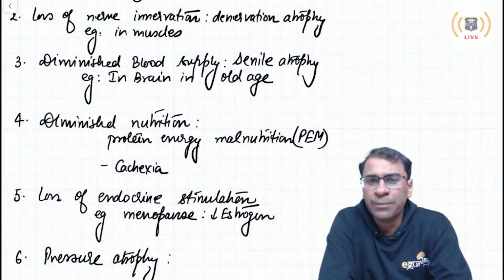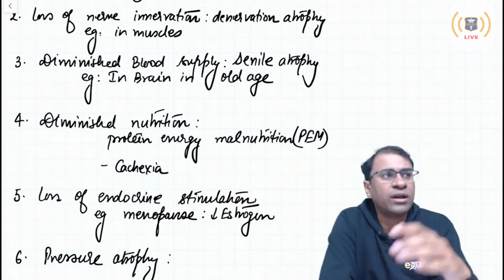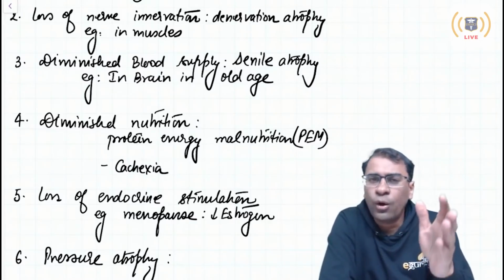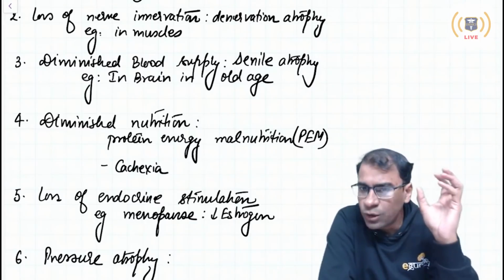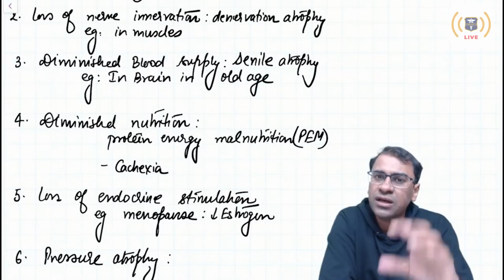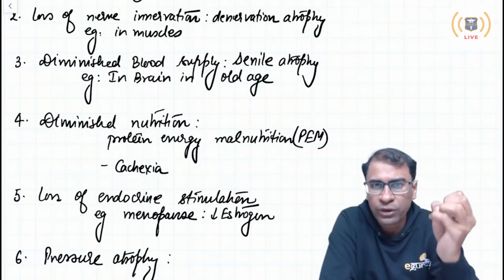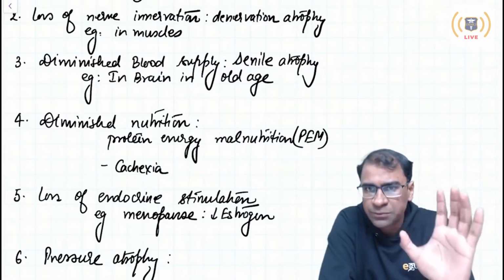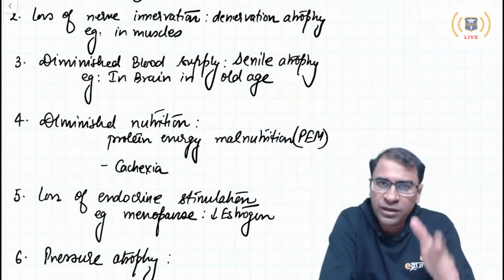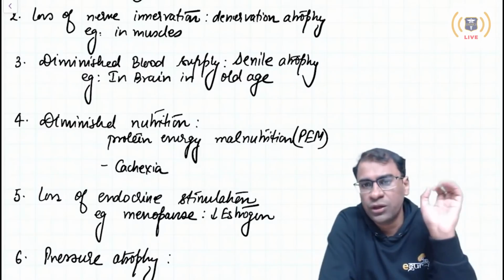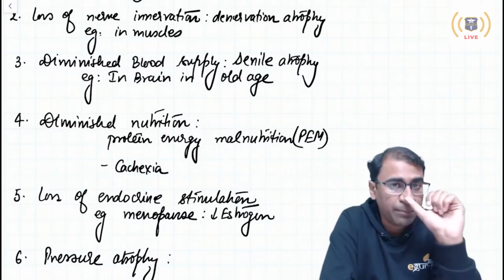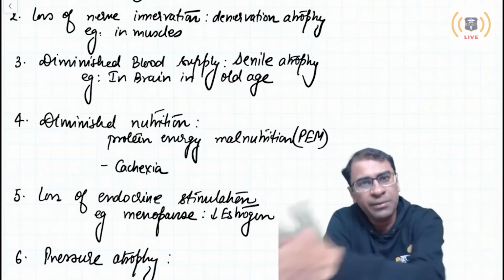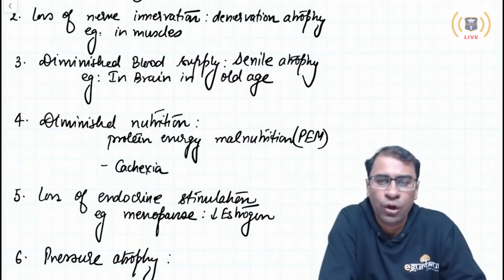Because of nutrition deficiency, pressure, ischemia or denervation, proteins get damaged or misfolded, and the damaged proteins are removed by the ubiquitin proteasome pathway. Because of the removal of these proteins, ultimately there is atrophy in the organ.